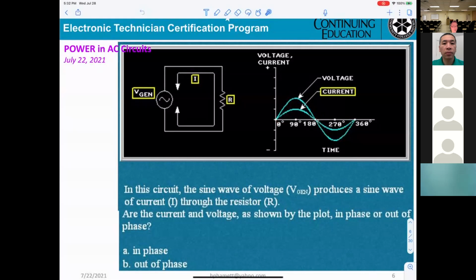However, if we're talking about the phase, both going up, both going down, they will be in phase. Okay, the answer will be in phase. Now, however, if one is going up and the other is going down, what is it?